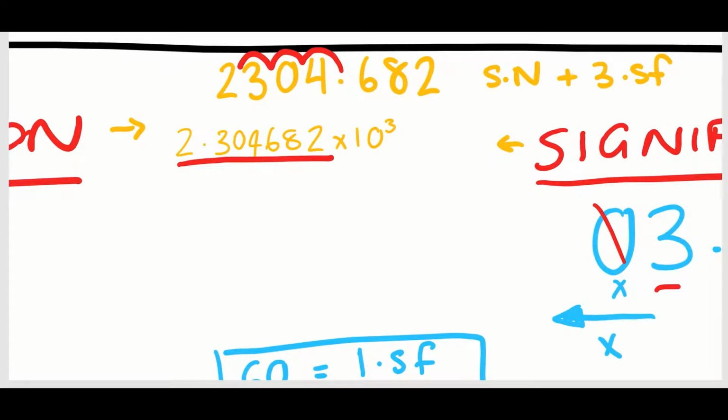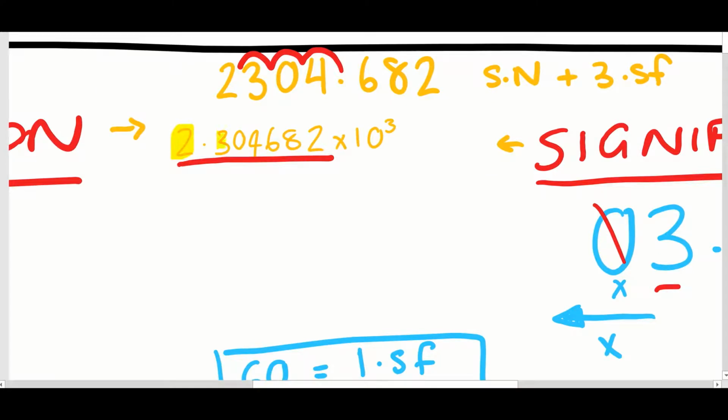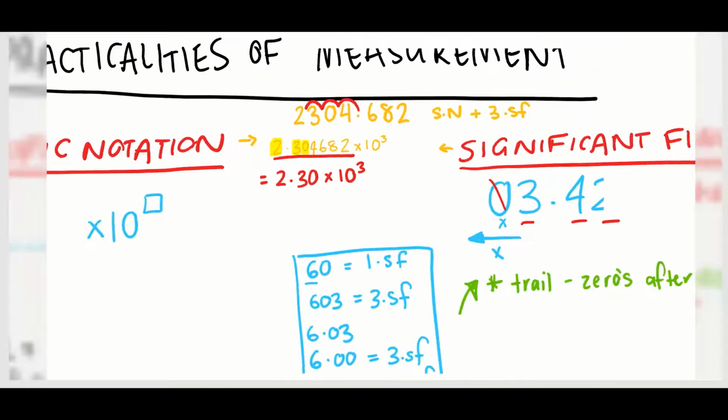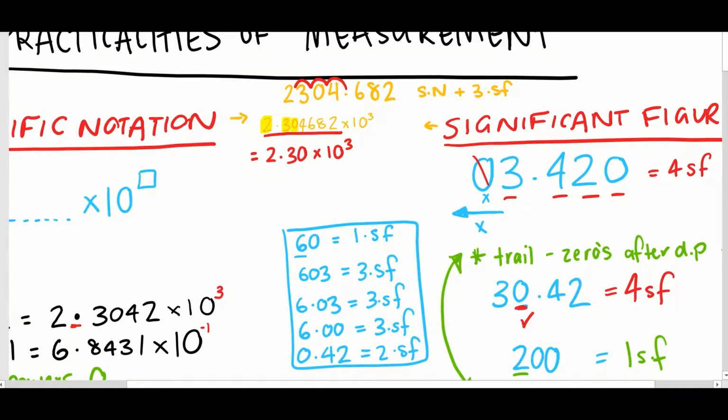So all I have to do is go, okay, 1, 2, 3 significant figures. I have to count that 0 there because it's in between the 3 and the 4. It's in between numbers. So my final answer is going to be 2.30 times by 10 to the power of 3. Tricky stuff, but once you really nail both of those, questions where it brings in both will be easier.